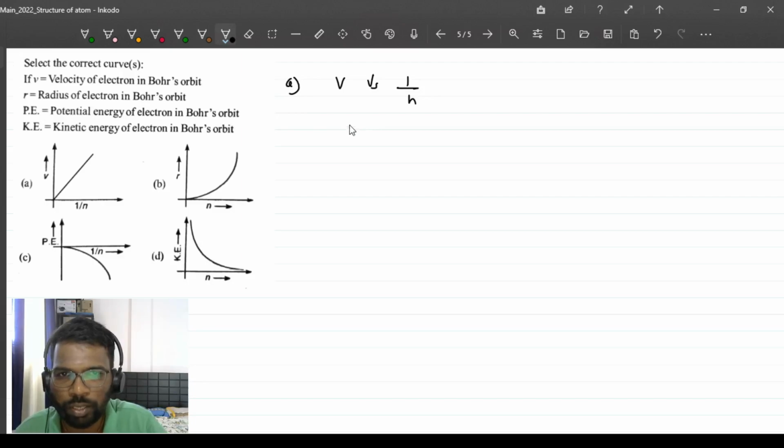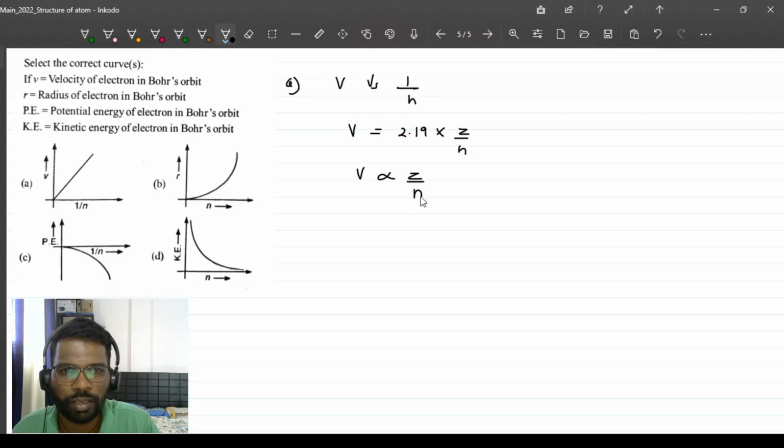So the velocity of the electron in the nth orbit is given as velocity is equal to 2.19 into z by n. This is constant. So what I can say is that velocity is directly proportional to z by n in this case.